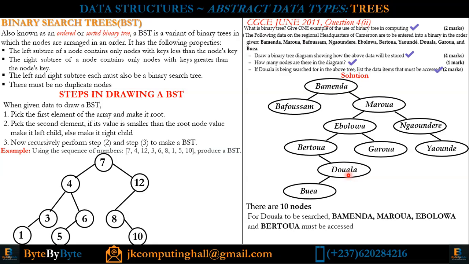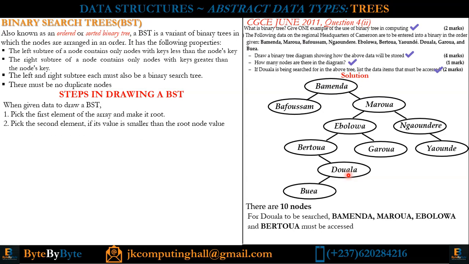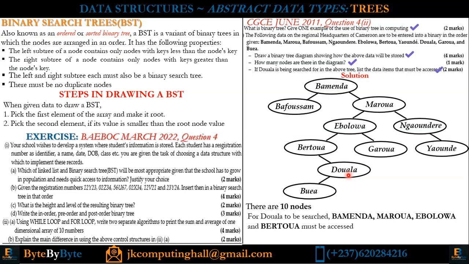And as our tradition says in Byte by Byte, after a successful explanation and example done, you, the students, need to try in order to be sure you understood the concept. So as exercise, we propose to you the Bamenda Mock 2022 question 4, where you have all these questions. Very interesting.